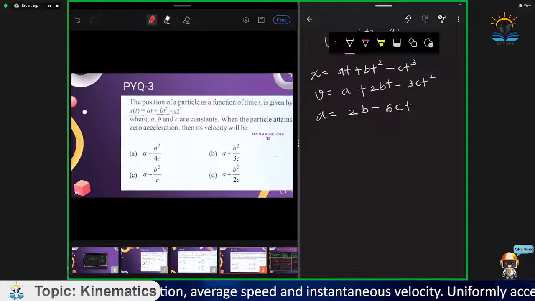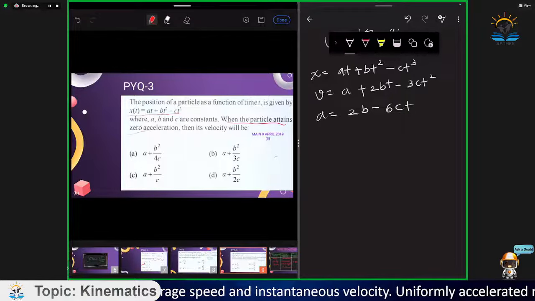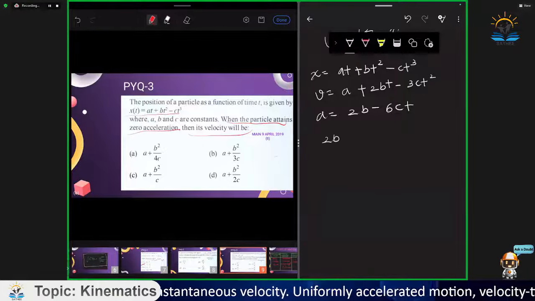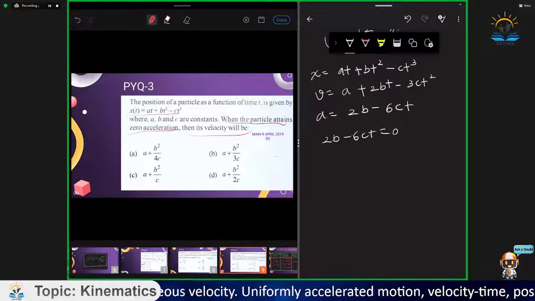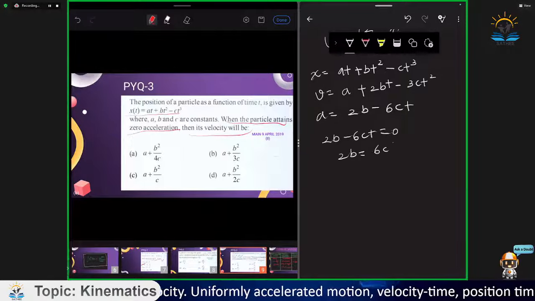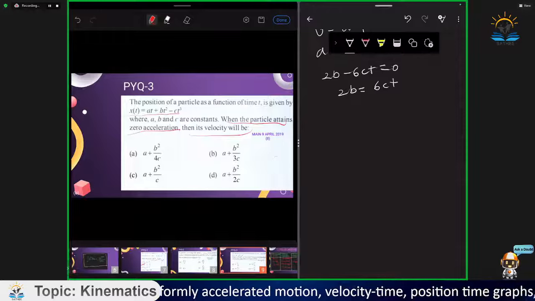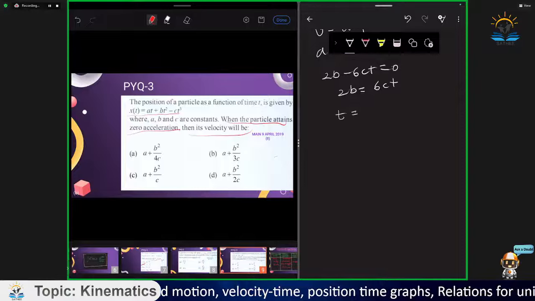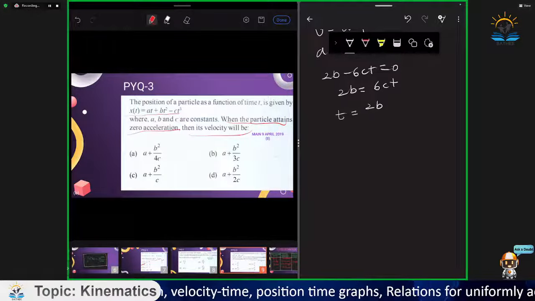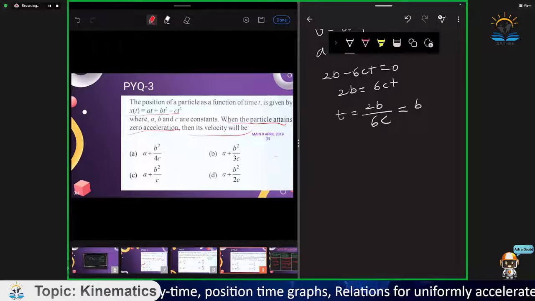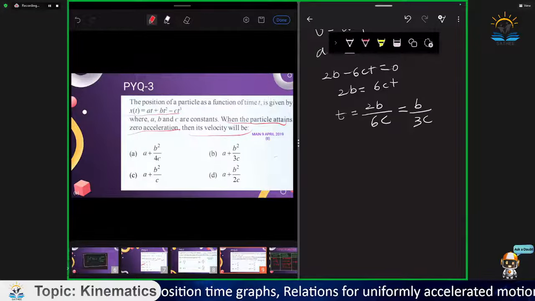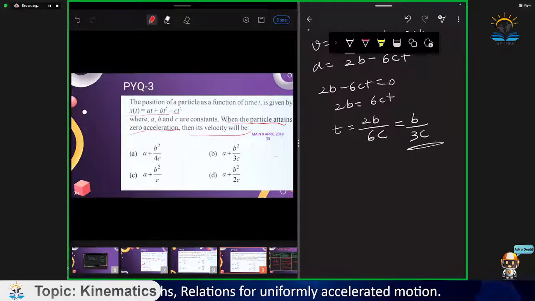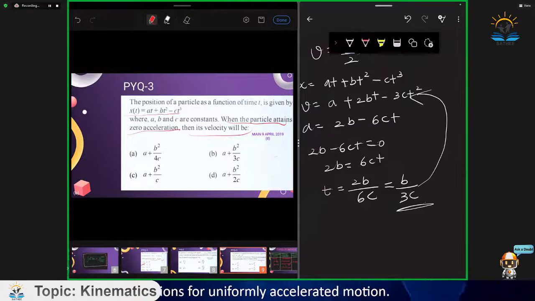It's given that the particle attains zero acceleration, so we write 2b minus 6ct equal to 0, then 2b equal to 6ct. The time at which acceleration is 0 will be 2b upon 6c, that is b upon 3c. So we got the time, and then we just insert this time into the velocity equation to get the velocity.